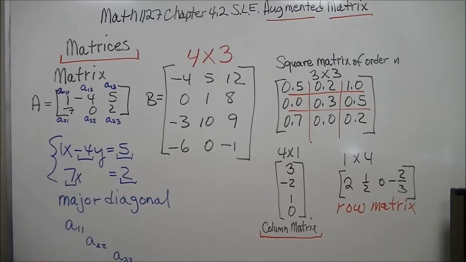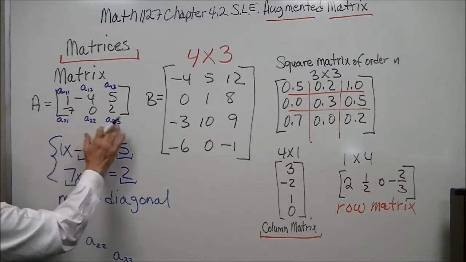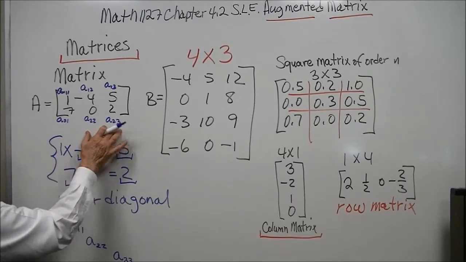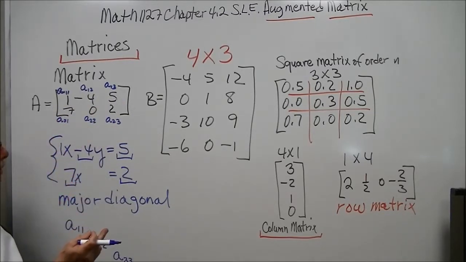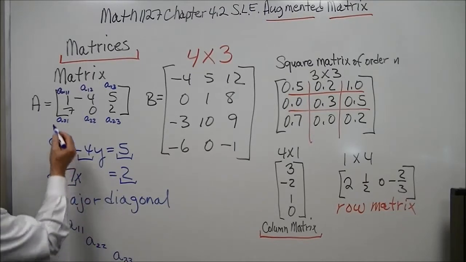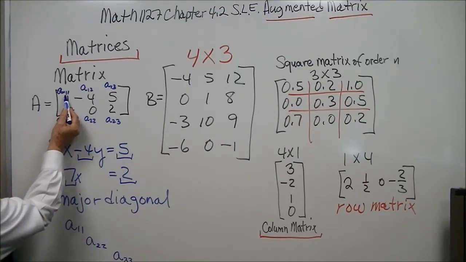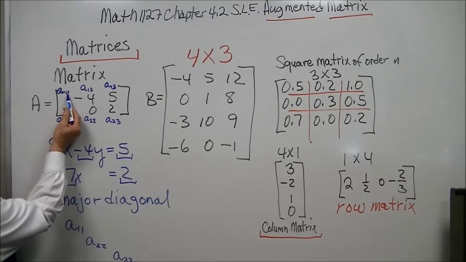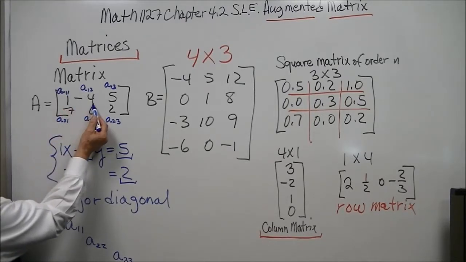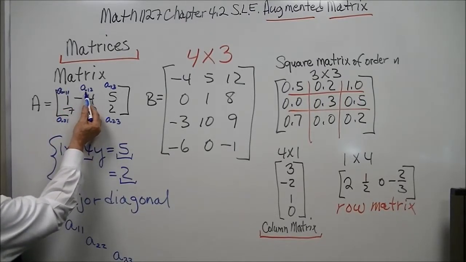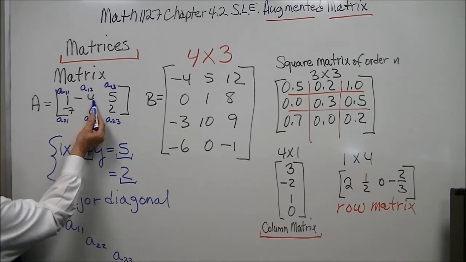A couple of other things. Now, when we are identifying terms in a matrix, we think of what row they're in. Remember, the row comes first. So the position of this 1 is in its first row, first column. So 1, 1. This 4, it's in the first row, second column.